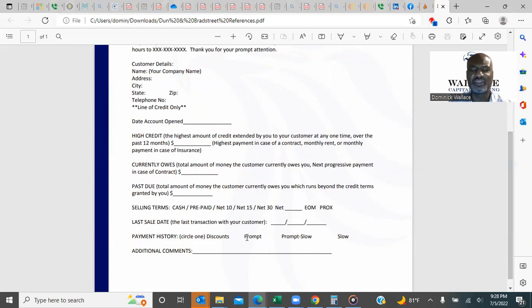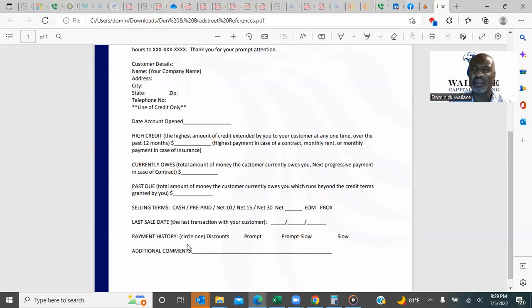Prompt, obviously, is on time. Prompt, slow, and slow. Obviously, if you're looking to build business credit, slow is not something that you want your vendor to say.